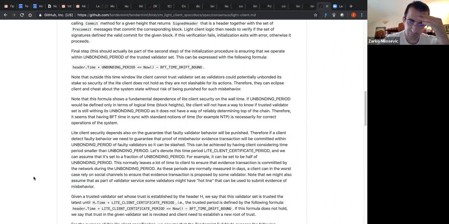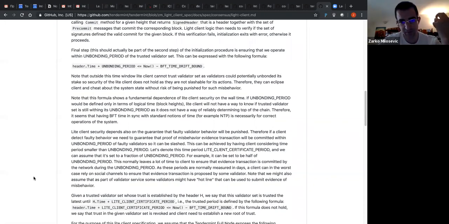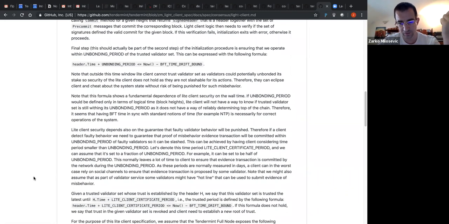And now, to be more secure, what I'm proposing here is that from the point of view of the light client, we don't operate within the unbonding period, but instead we use a smaller time period, which is a fraction of the unbonding period. I'm referring to this time period as a light client certificate period.